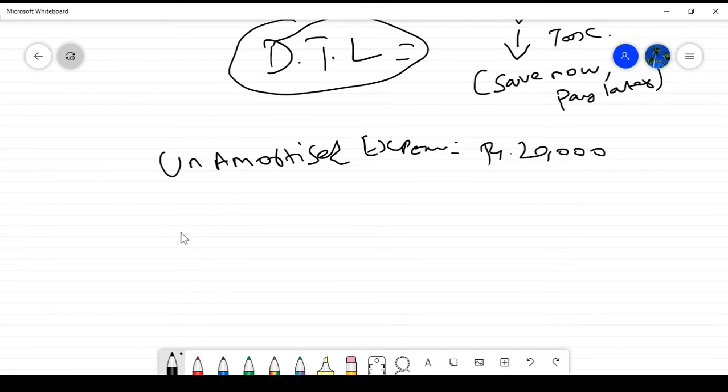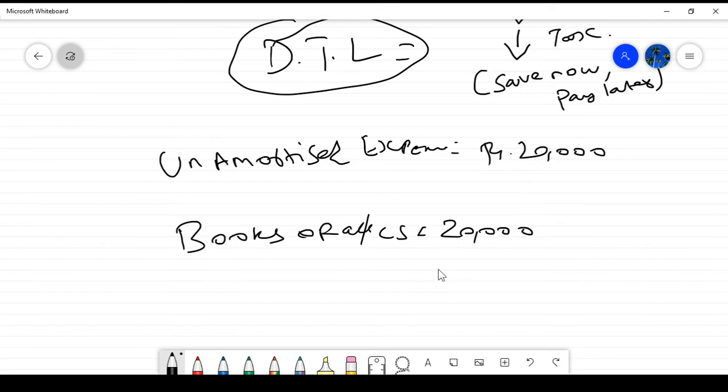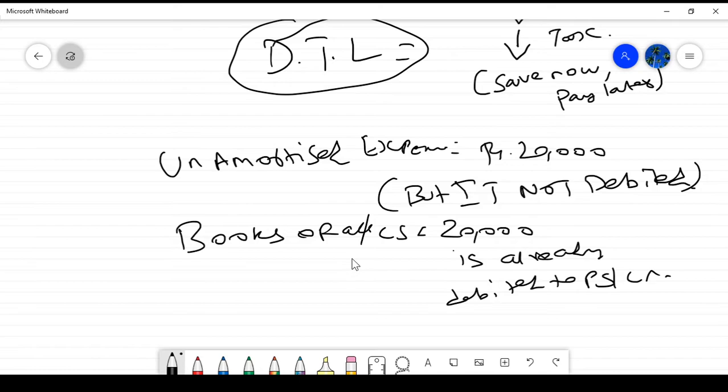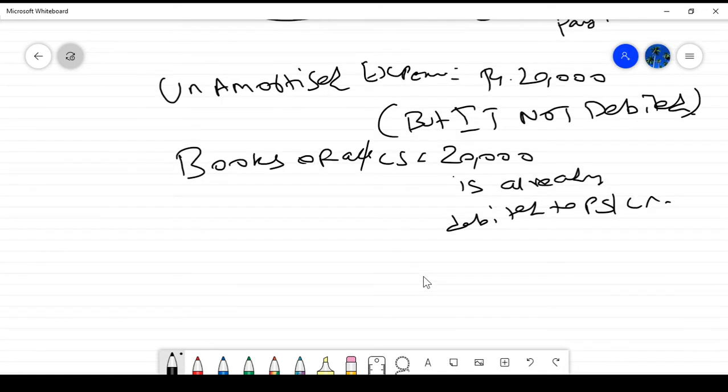For example, in books of accounts, that is company accounts, this 20,000 is already debited to P&L account. But in Income Tax Act, IT, not debited. Books of accounts, this 20,000 is already accounted as an expense, but in Income Tax Act it is not yet accounted as an expense.